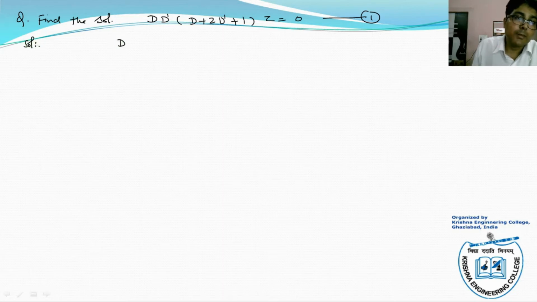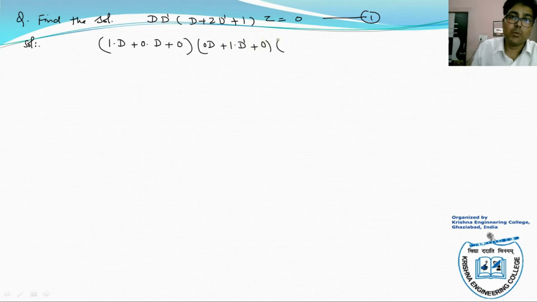So this equation can be written as (D + 0·D' + 0), and D' can be written as (0·D + 1·D' + 0), (D + 2D' + 1)z = 0.